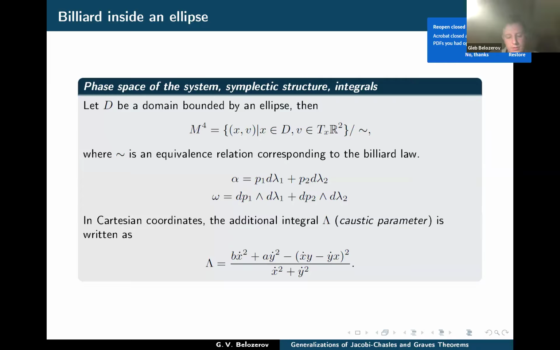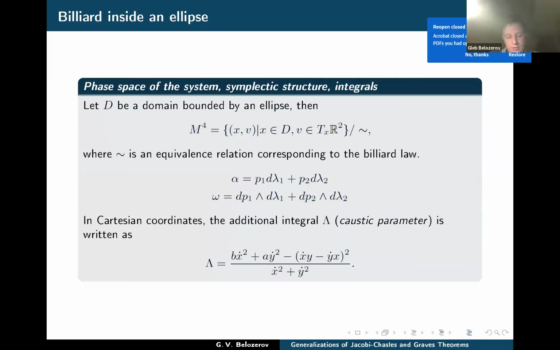Okay. In the smooth parts of M4, there are well-defined differential forms alpha and omega, where p1 and p2 are conjugate momenta to the elliptic coordinates lambda 1 and lambda 2, and the form omega is dp1 wedge d lambda 1 plus dp2 wedge d lambda 2.